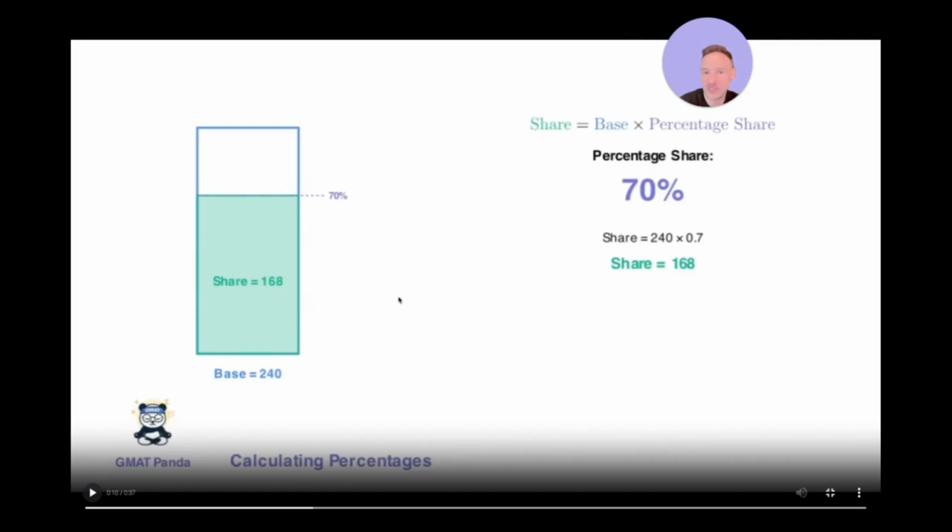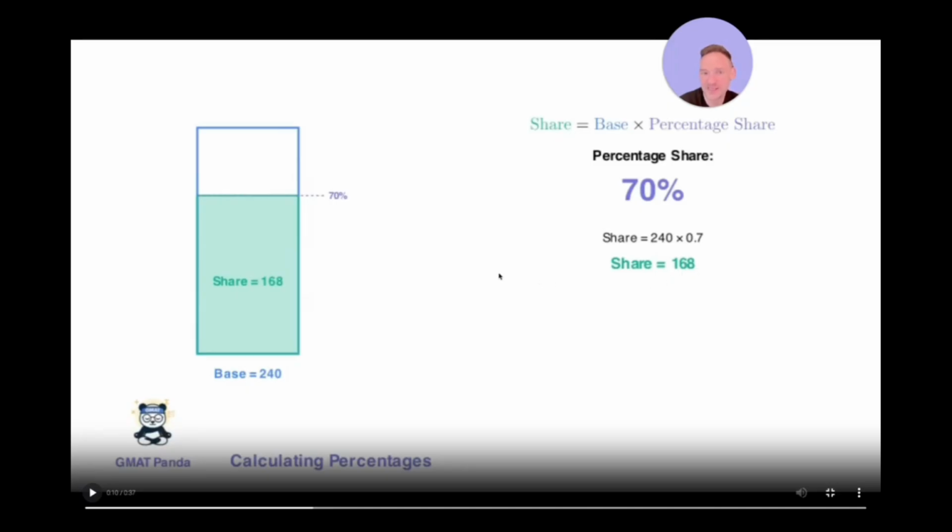And how many people does that represent is going to be 240 times 0.7. So the 0.7 represents the 70%. Remember that 70% is like 70 out of 100, so 70 divided by 100, which is 0.7. 240 is the base, and so the answer is going to be 168.